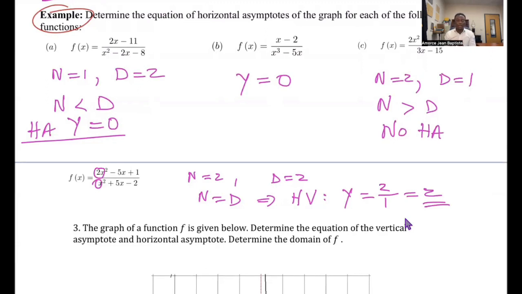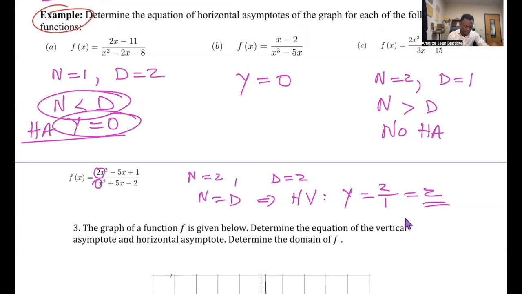So we have three conditions. One, if the degree of the numerator is less than the degree of the denominator, the horizontal asymptote equation is y equals 0.